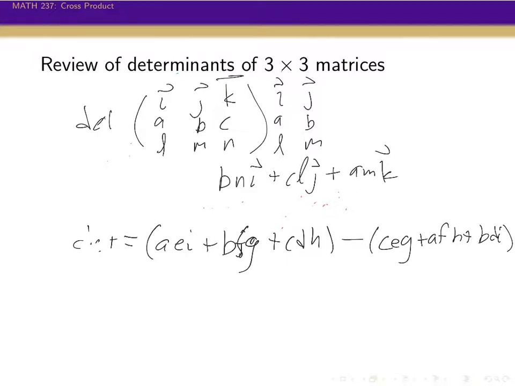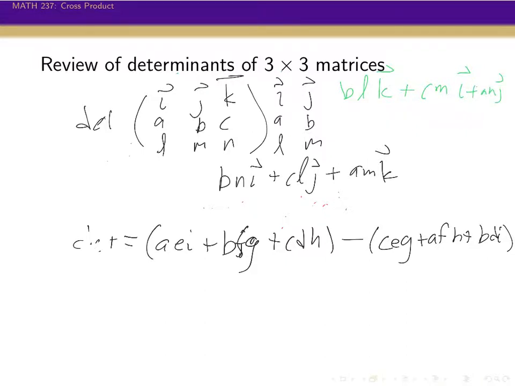My upward diagonals are going to be BLk plus CMi plus ANj.